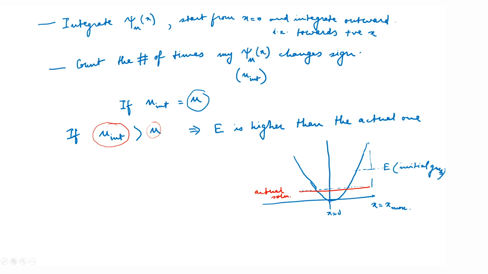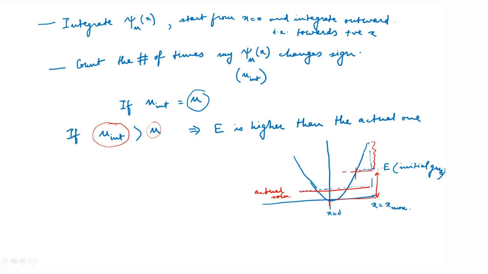So, I can neglect this part of my guess. My new bounds will be between this and this, since we are looking for the energy scale. So, this is my new bound.